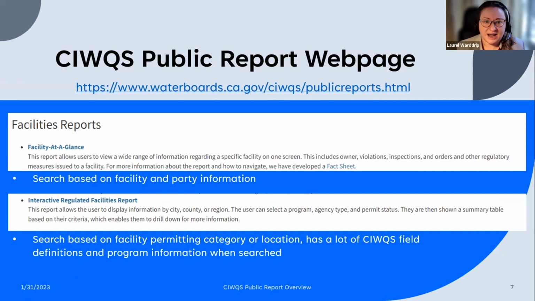This kind of gives you big broad categories. Like you can search by region, you can search by program, you can search by different metrics like location, like county, instead of narrowing into the actual facility. So today we're going to use the facility at a glance report because we have some examples so we kind of know what we're looking for.